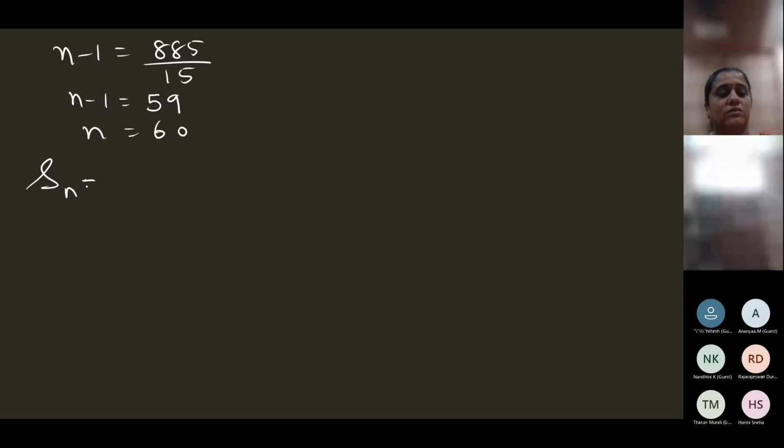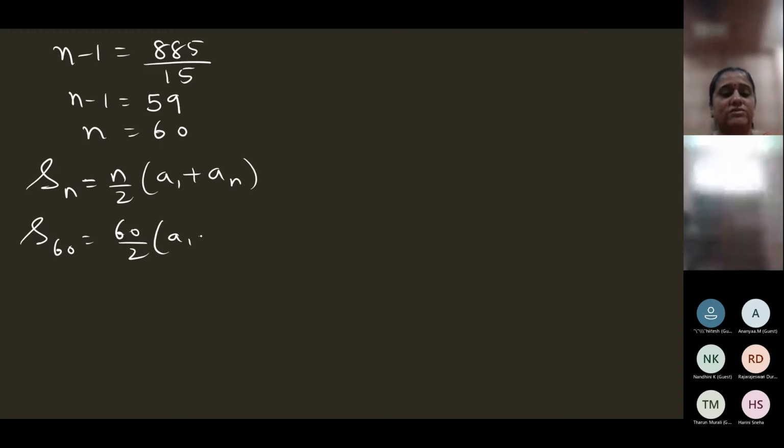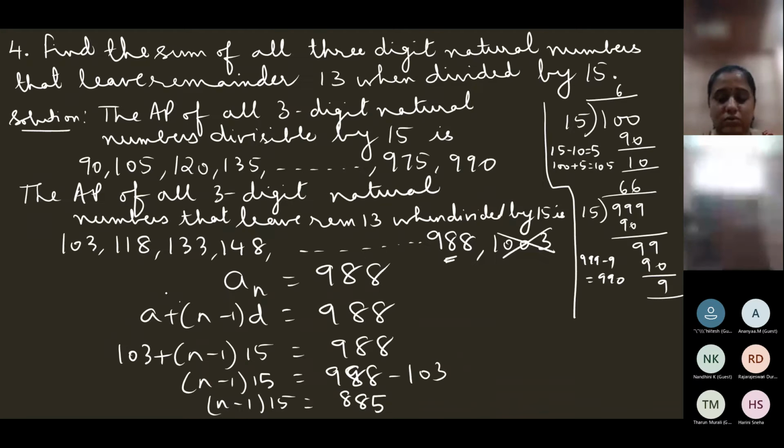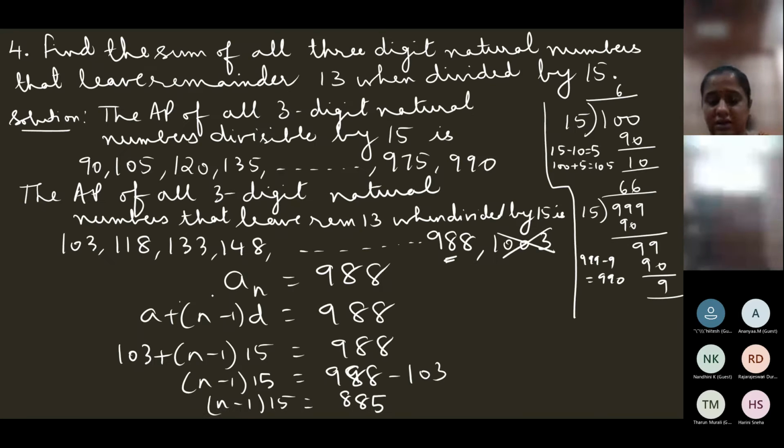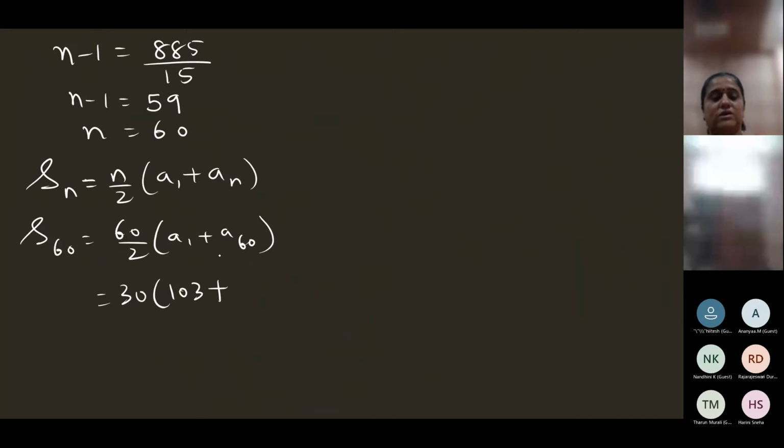Sn is equal to n by 2 of the first term plus the last term. So S60 will be equal to 60 by 2 of the first term plus the 60th term. So S60 is equal to 30 into the first term, which is 103, plus the last term, 988.